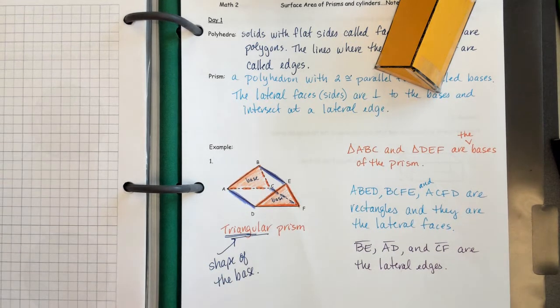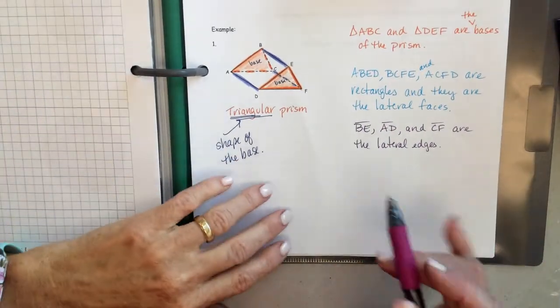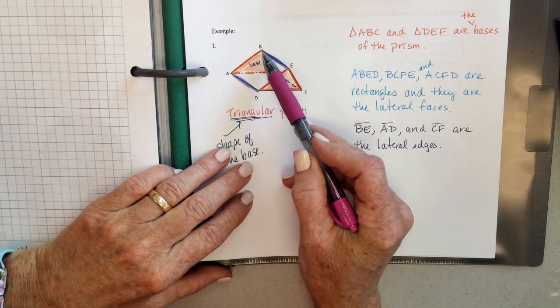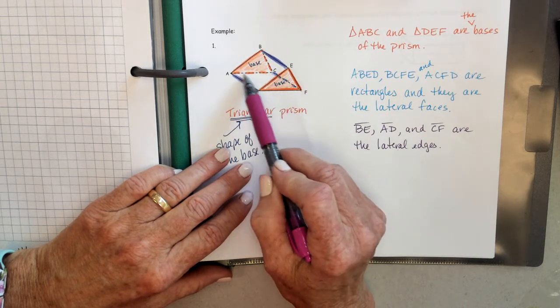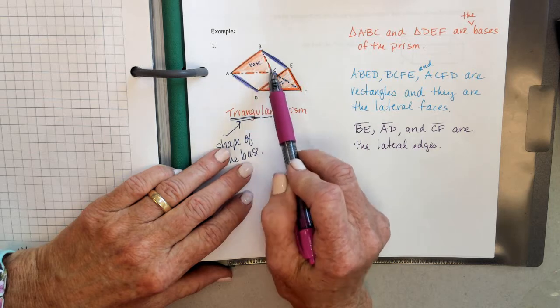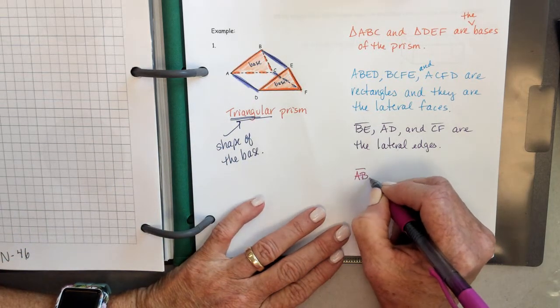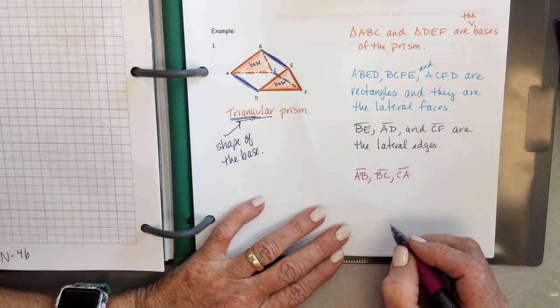The remaining 6 segments in there, so if we start right back here, segment AB, segment BC, and segment CA, they're kind of the sides of the base, if you will. Those are just edges. So segment AB, segment BC, and segment CA.